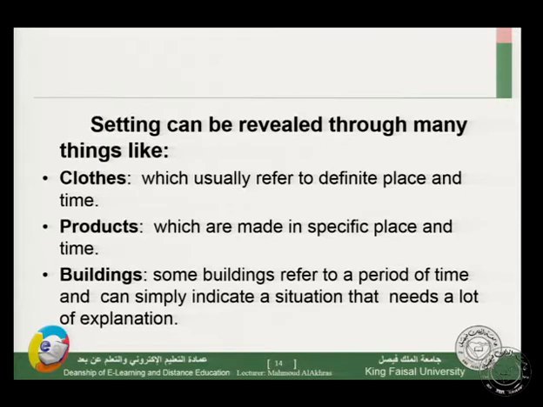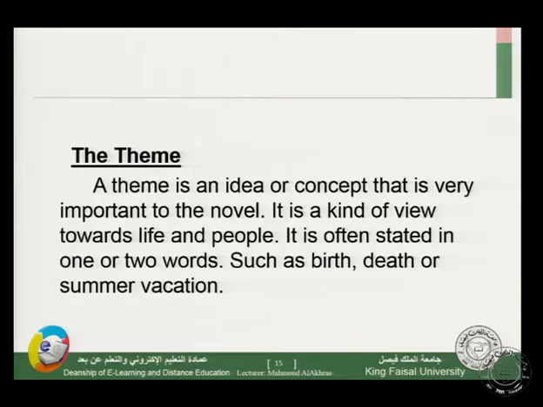Buildings: some buildings refer to a period of time and can simply indicate a situation that needs a lot of explanation. So we can conclude some information from the buildings of a particular kind of setting.